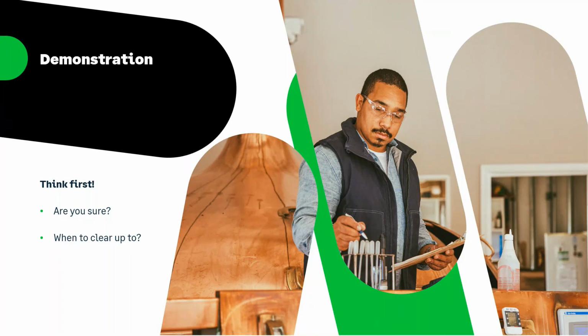Is there other Sage software which might support your needs better, if you've got that many transactions in your software? So as I say, the recommended limit is 250,000, but it's not a hard limit.